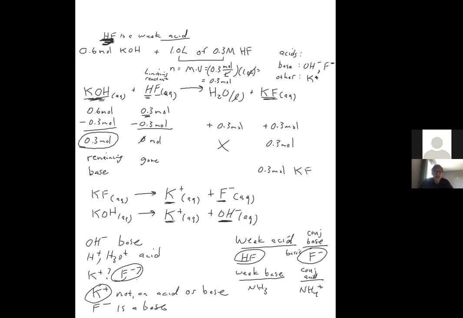So let's take a look at part 2. Part 2 is actually the same reaction. It's just they're going to change the amounts that are in there. So let me create a new one here. Okay, so it's the same reaction. All right, I'll write the base first. There's no reason that you have to write the acid first or the base first.